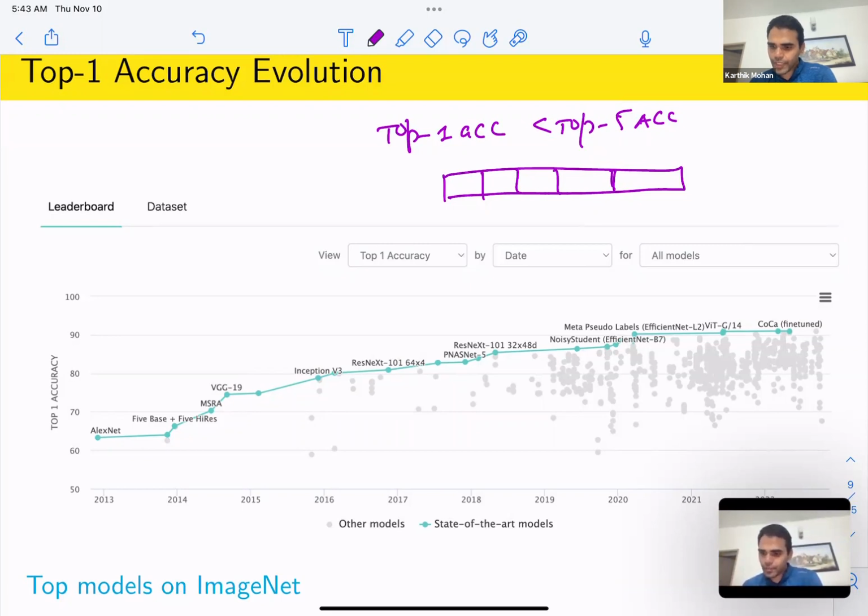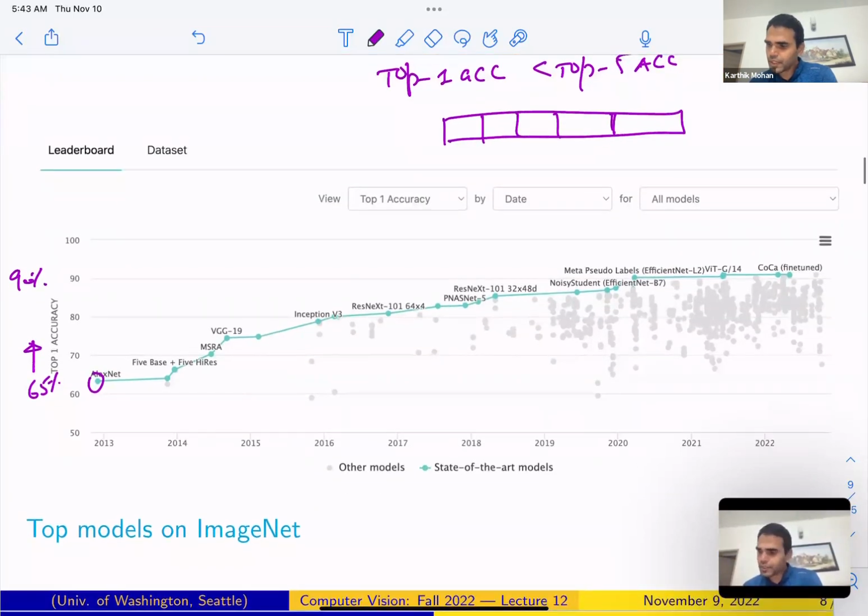And you can see the top 1 accuracy started at 65%. It kept growing, and then at this point, it's almost hit 90% as of 2022. So there's been a massive improvement in the top 1 accuracy.